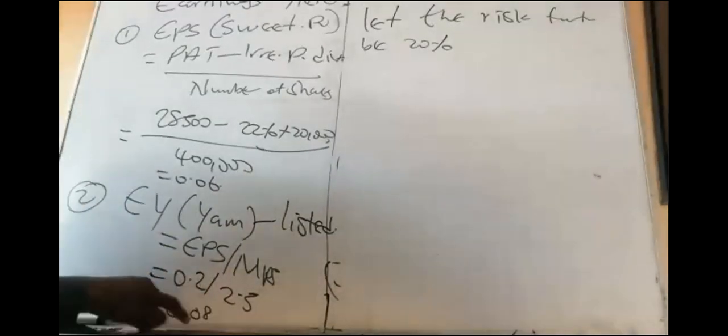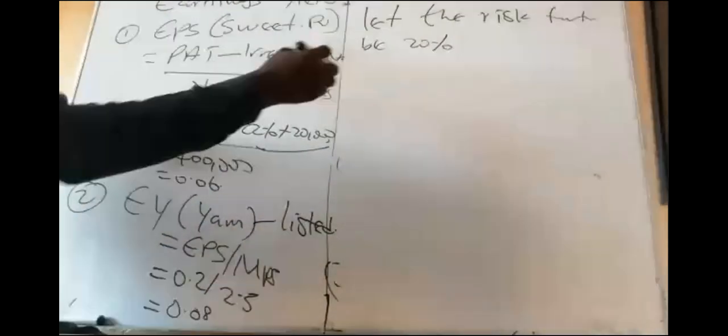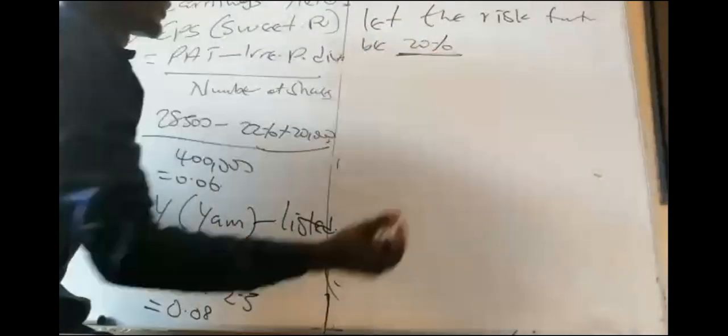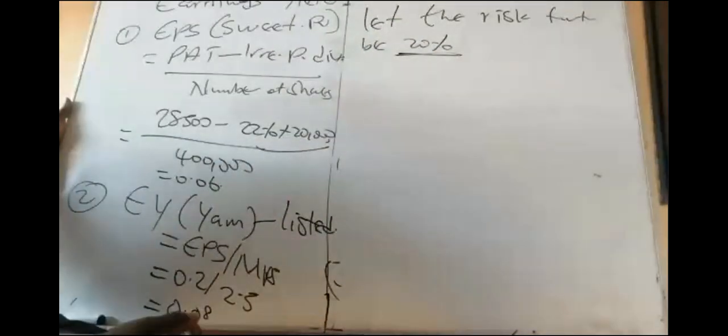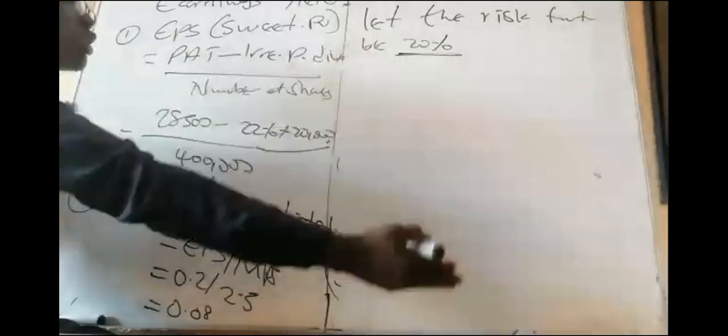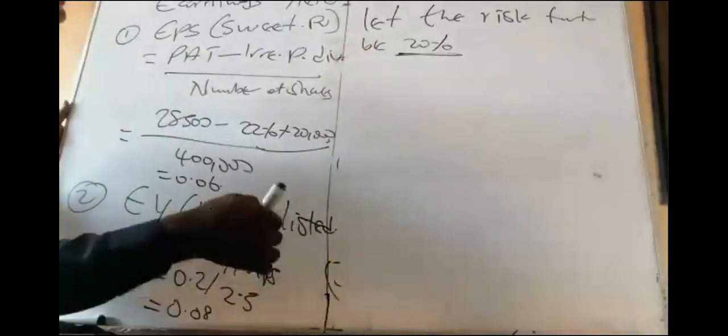So it means that you have to scale this one up. Convert the percentage that you guessed for yourself, which is 20%, to decimal, 0.2, and add it to 1.